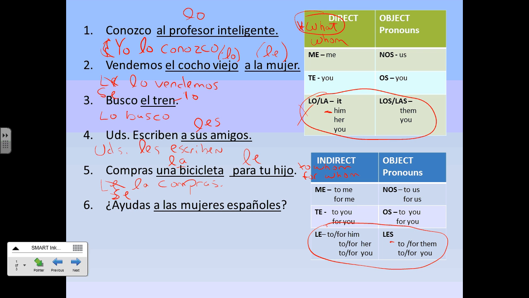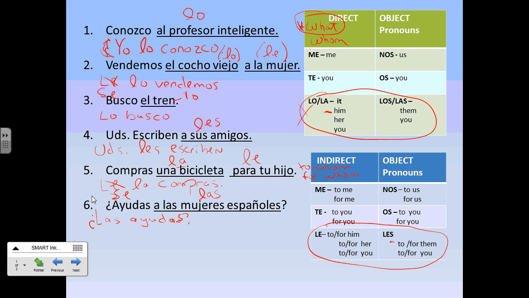It's do you help them? This is a direct, so it's las. You're not going to have too many people on the test that are direct objects. Most of them are going to be indirect objects. So it's las. Ayudas? Do you help them? It's an S and A. Lo siento. Okay?